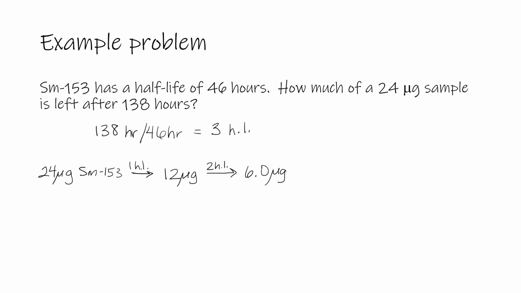Notice I put 6.0. I'm keeping our 2 significant figures here. And then after 3 half-lives, we would have just 3 micrograms left. And so that would be our answer right there. 3.0 micrograms of samarium 153 left after 138 hours.